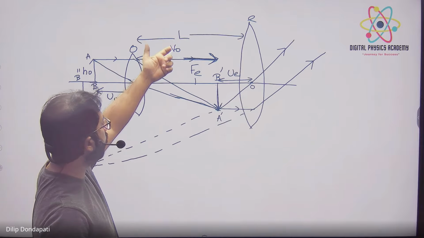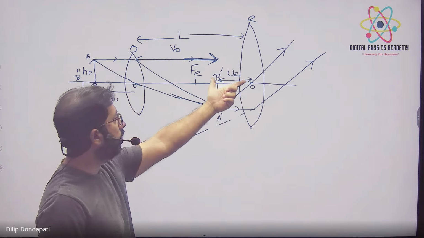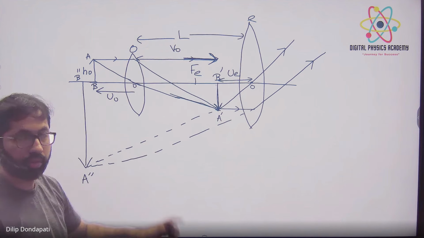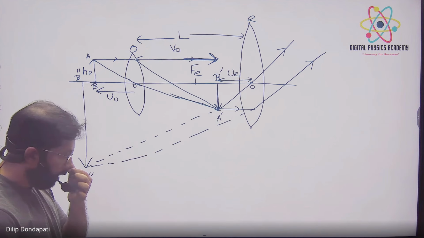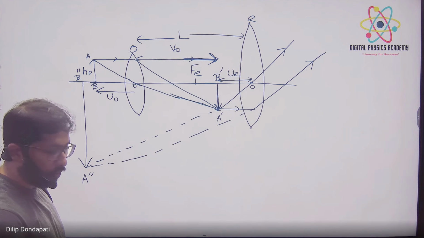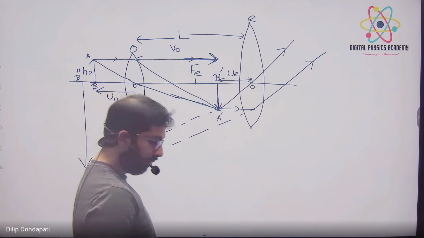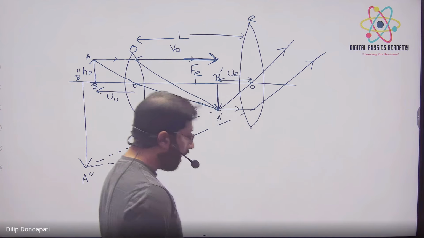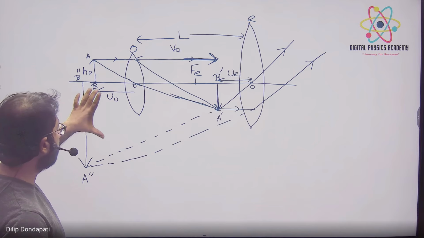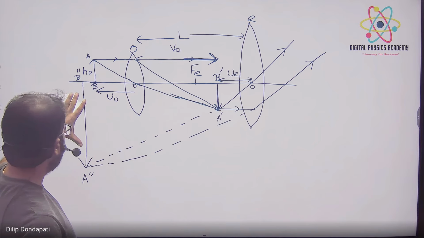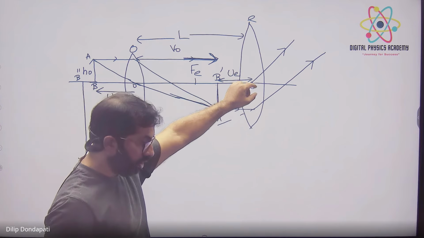What is the length in terms of, see, V0 plus UE is the length of the compound microscope. Okay. Now we have to find the magnification for this one. So the angle subtended by the final image is beta. So this is beta.